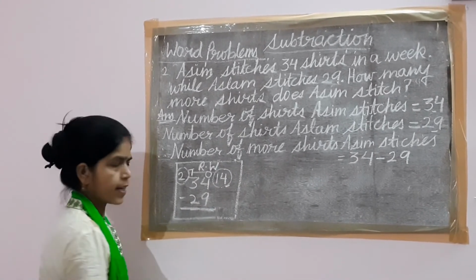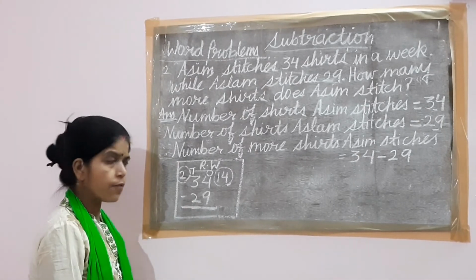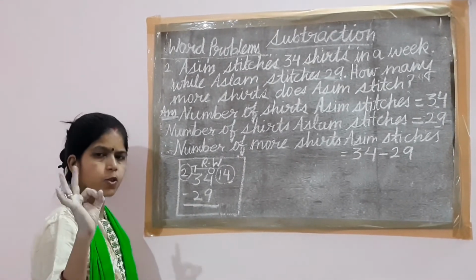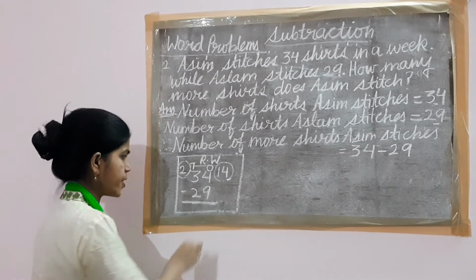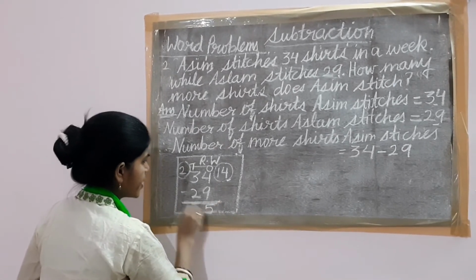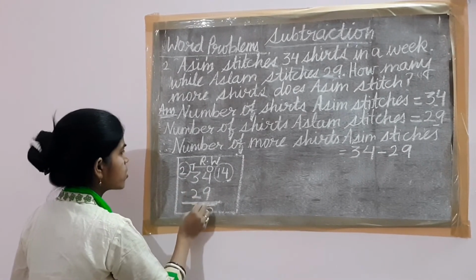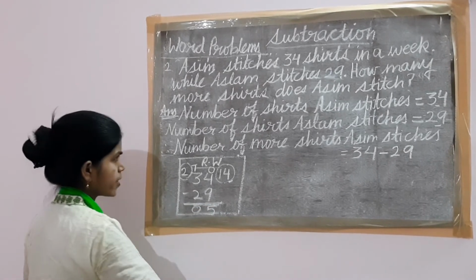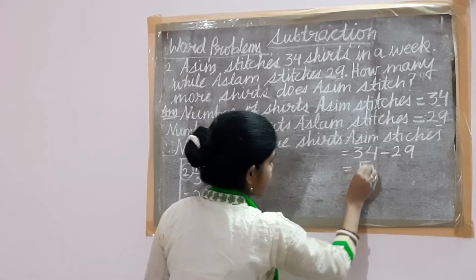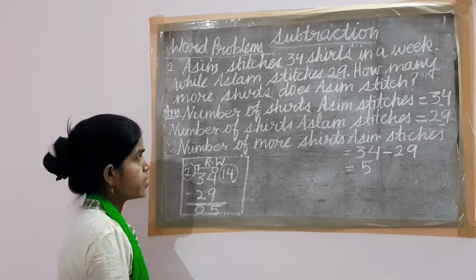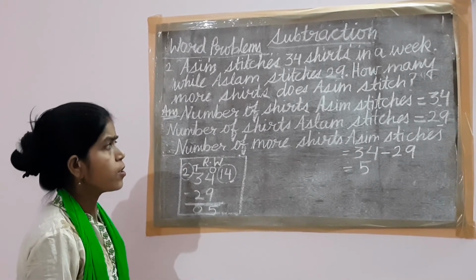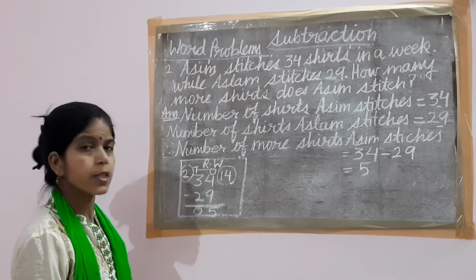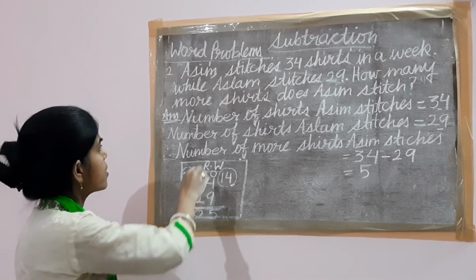14 minus 9. Count after 9 till 14: 10, 11, 12, 13, 14. That is 5. Then 2 tens minus 2 tens is 0. So the answer here is 5. It means Asim stitches 5 shirts more than Aslam.